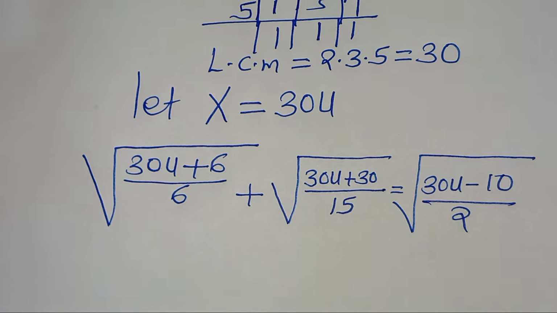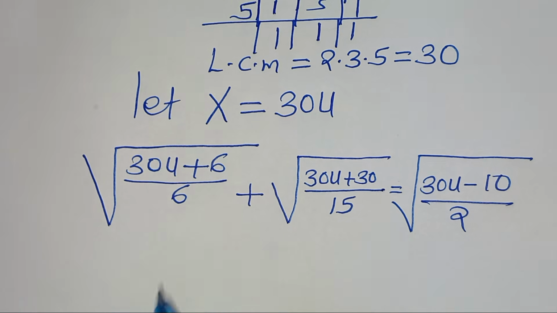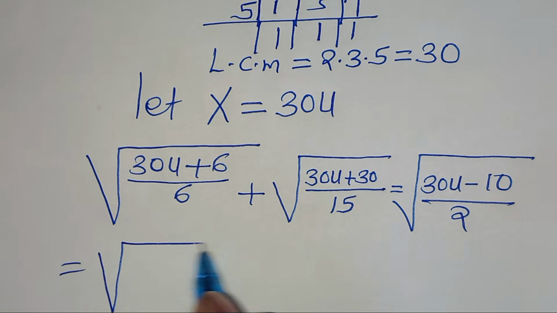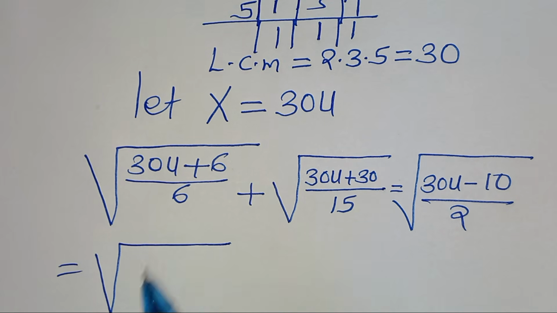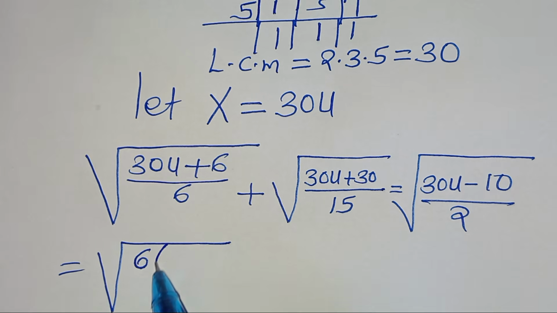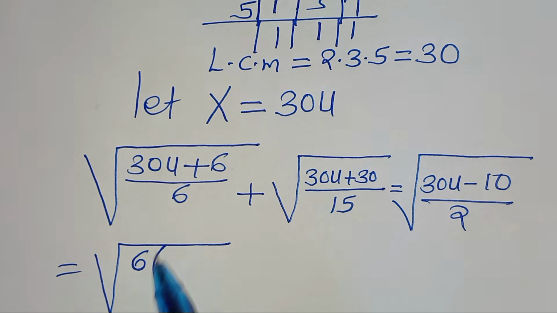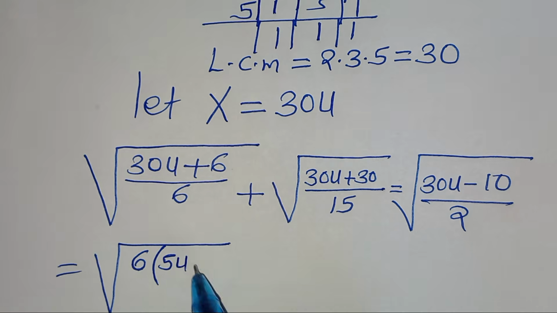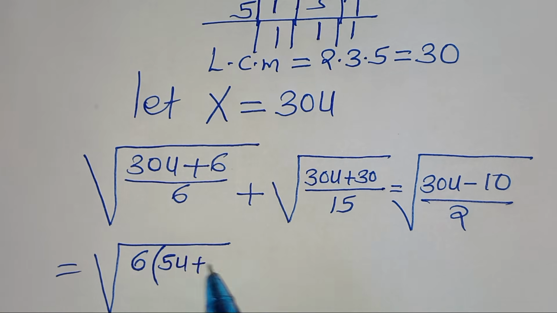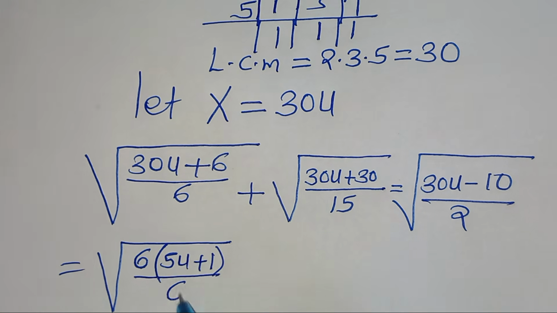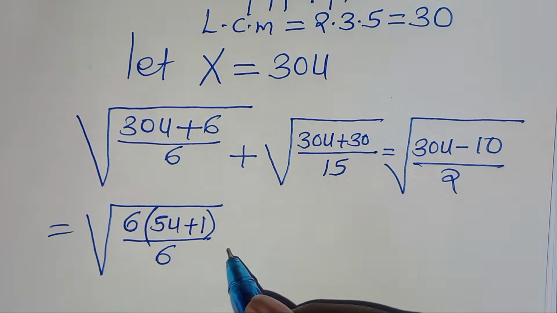Okay. The next step is that in the numerator, we can factor out 6 from the first square root sign, so that we have 30u divided by 6, this is 5u, plus 6 divided by 6 is 1, then divided by 6, plus.